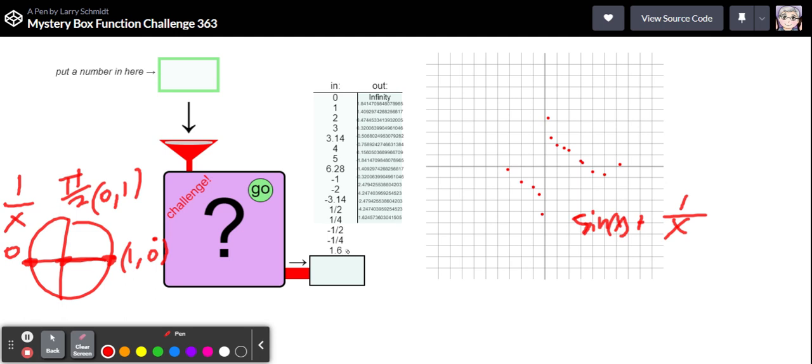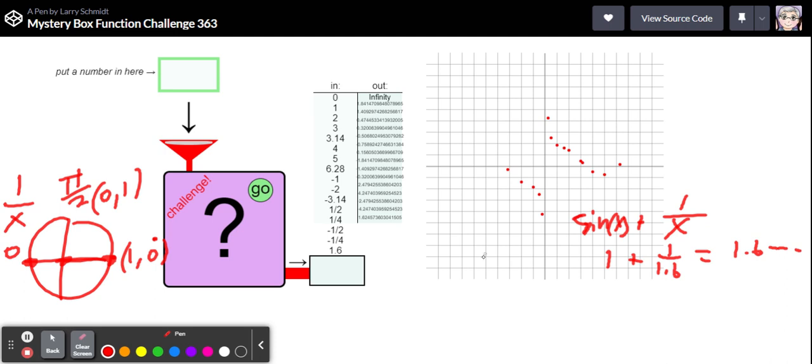At pi over 2, which is about 1.6, the sine part would be 1, and then we'd have 1 over 1.6. That could add up to about that 1.6, etc. Does that make sense? Well, it makes sense for 0 because the whole thing would be undefined.